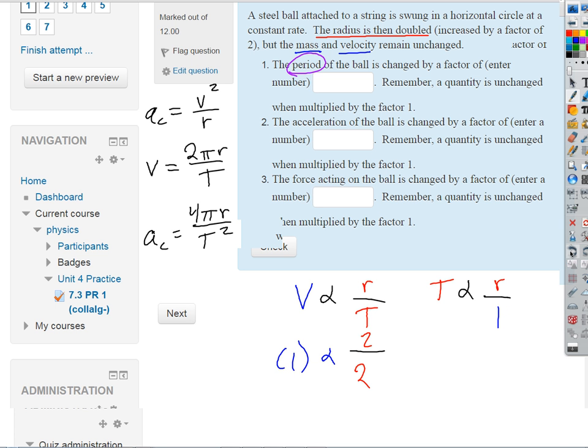That's a nice way to do it, because now the constant's on the bottom. T and r are going to change at the same rate then, aren't they? If r is doubling, then this is just not changing, so it's changing by a factor of 1. So if that's doubling, then doesn't t have to double also? Yeah. You see how we're doing that? Okay?